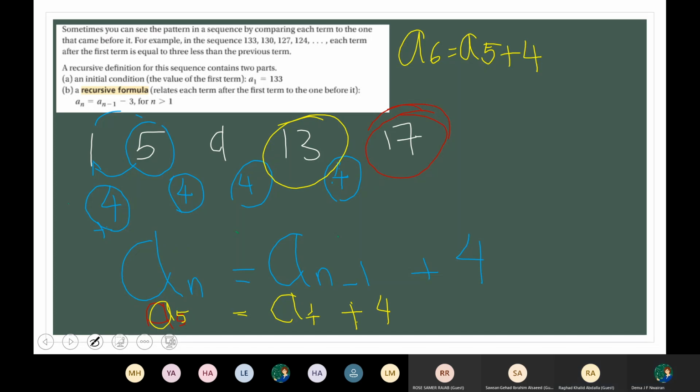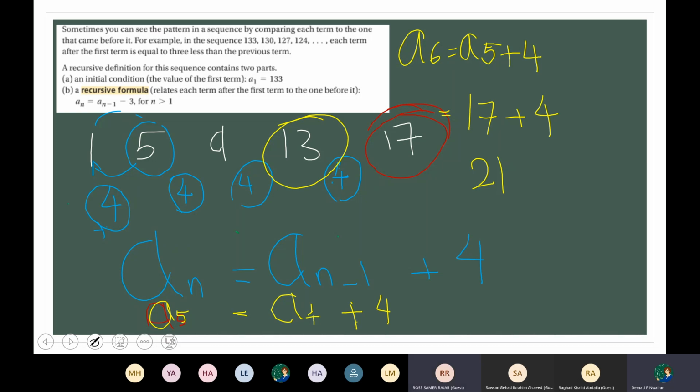So what is A sub 5? It is 17. Plus 4, you will get 21. Now A sub 6.